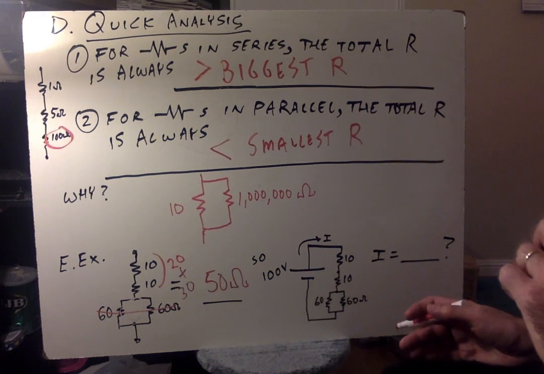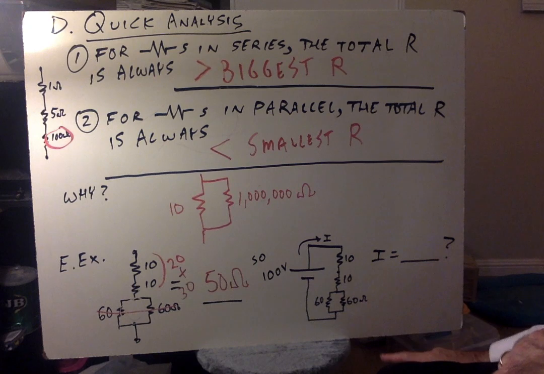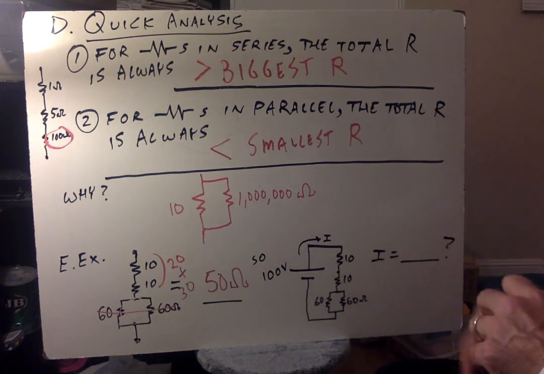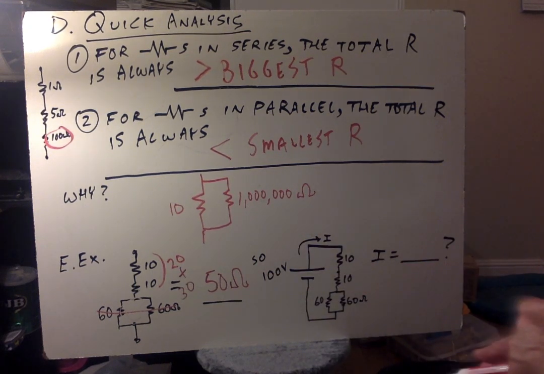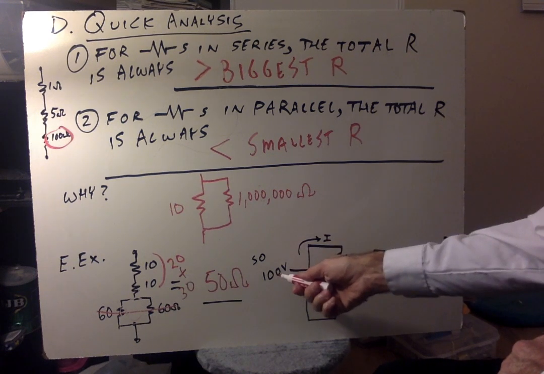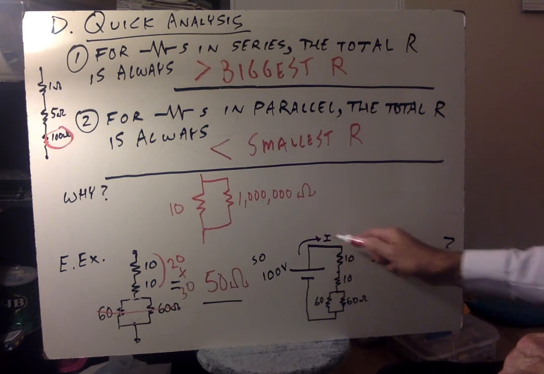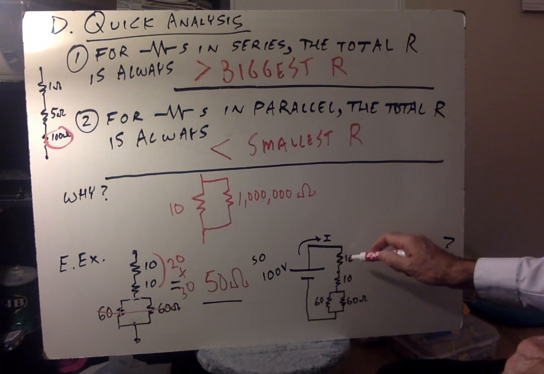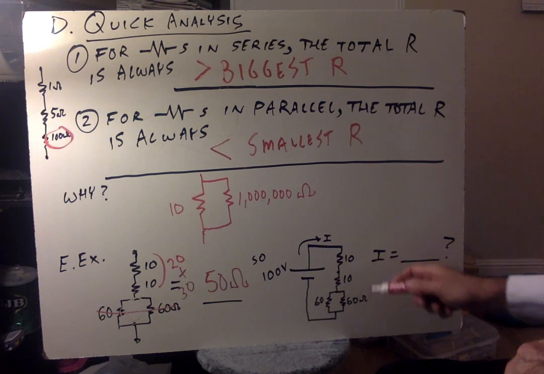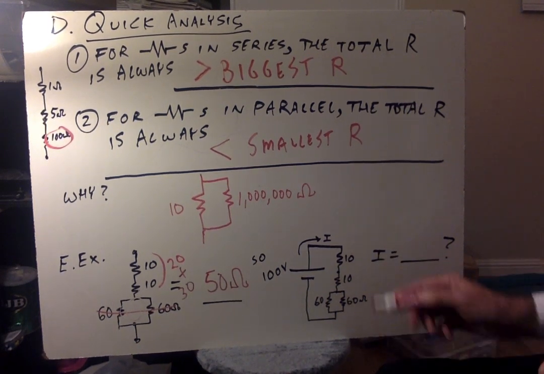That's a fairly straightforward problem, but we might take this arrangement and connect it to a battery. So here's the type of problem you want to work towards being able to solve. The question is, what's that current out of the battery if we connect the same circuit we had over here to a 100-volt battery? Now you could go through and try to solve it all and set up a system of equations or something like that, but you don't have to if you're looking at series and parallel.